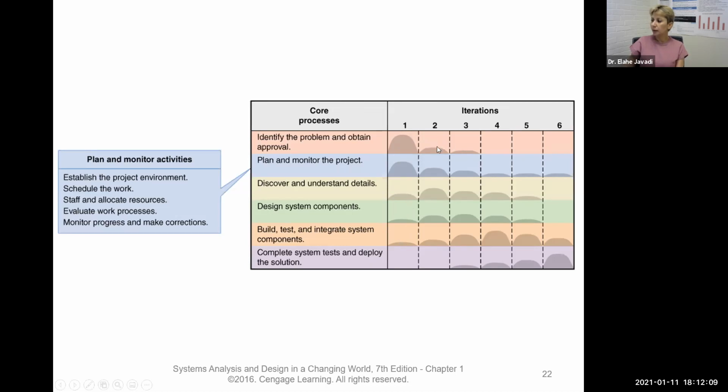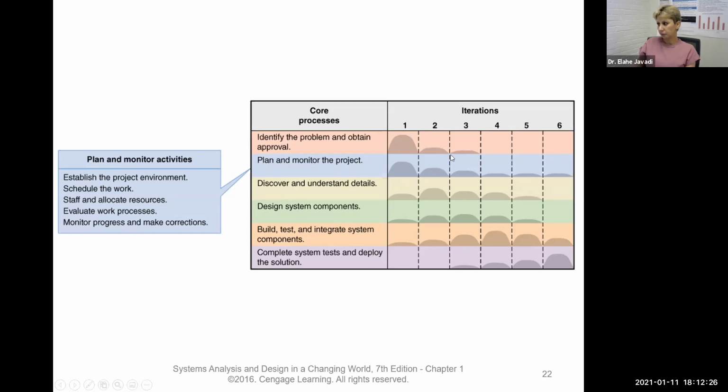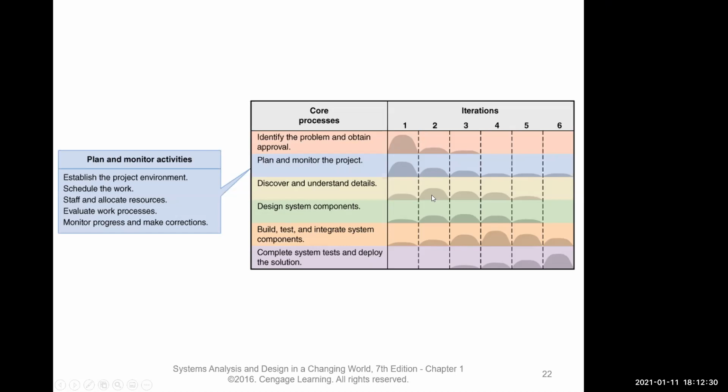Aisha, what happens in the second iteration in terms of allocation of your time and resources? I think not much time is given on the first thing. A little bit of time, yeah. And in planning and monitoring the project, time is also spent, and again, to discover.